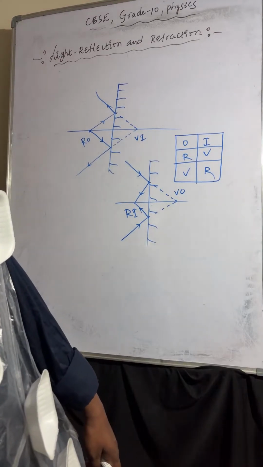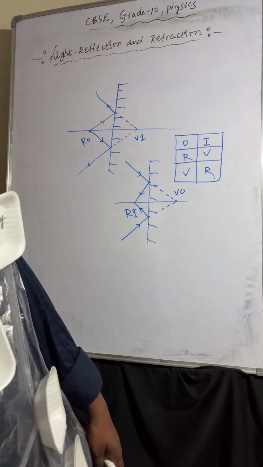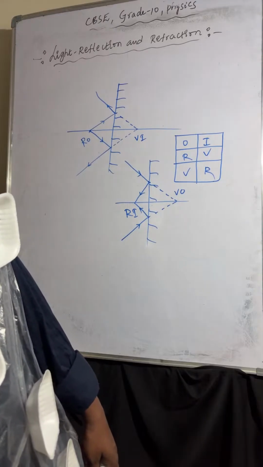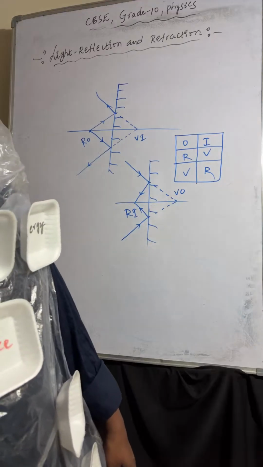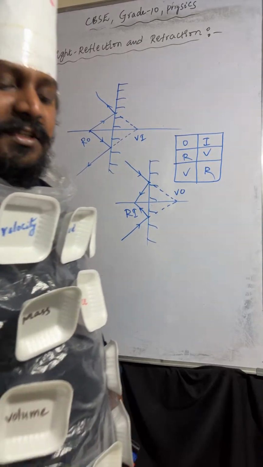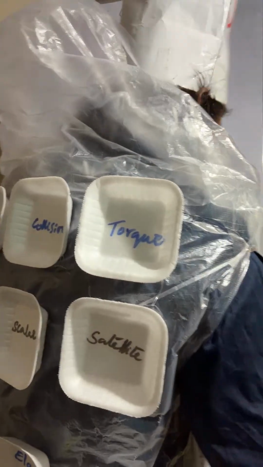This is about object and image. Next, we'll discuss the nature of the image formed by the plane mirror. Let's start.